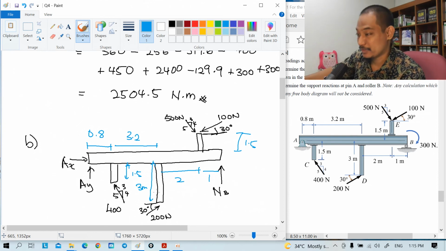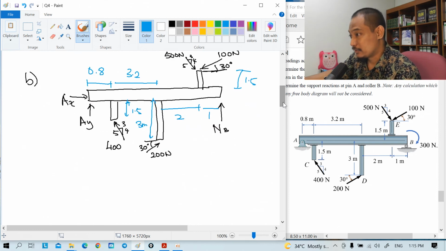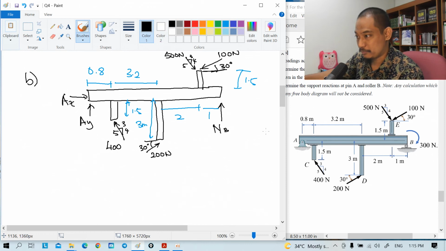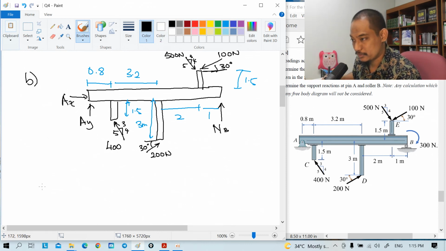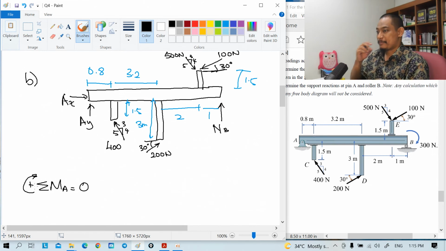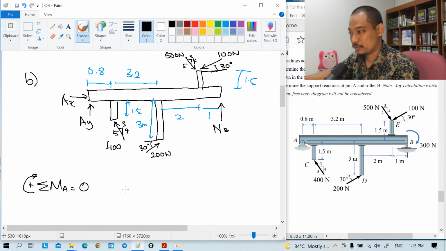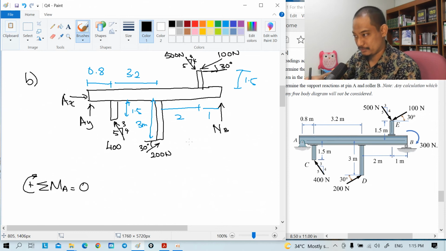Okay, alright. So based on this free body diagram, if we want to solve for B, we can take moment about A. So summation of moment about A equals 0, taking clockwise as positive. We will have all of the above plus NB here.